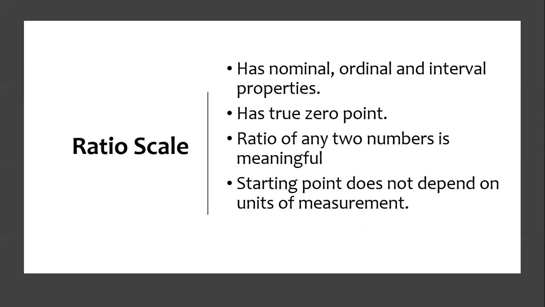And the starting point does not depend on units of measurement. So each numerical interval is 1 unit of that measurement. And we can also recode this to become ordinal, while all arithmetic operations, mean, median, and mode, can be applied on a ratio scale. Excellent.